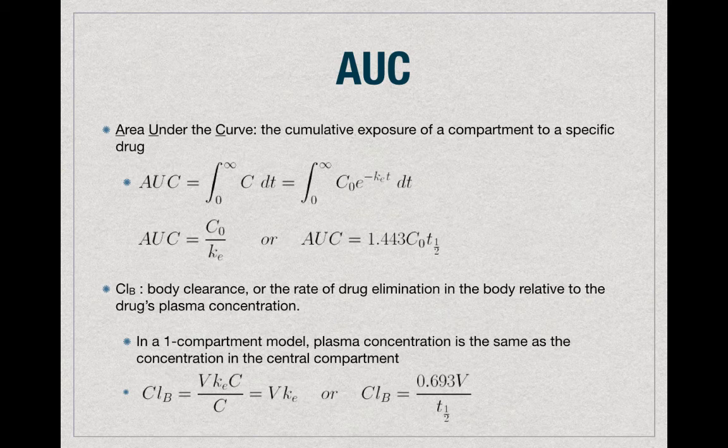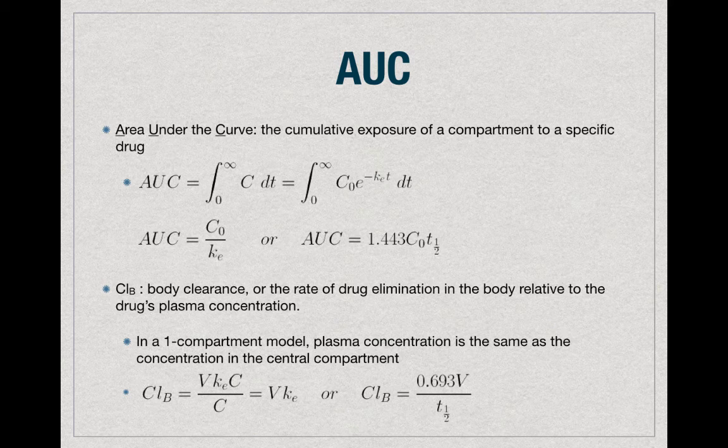And finally, the last really important term for this is body clearance, which is the rate of drug elimination in the body relative to the drug's plasma concentration. Very important, relative to the drug's plasma concentration. So in a one compartment model, plasma concentration is the same as the concentration in the blood compartment.